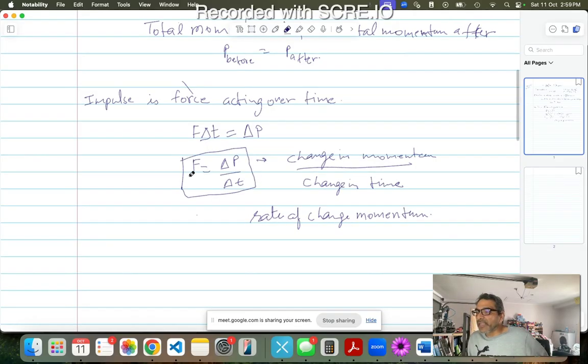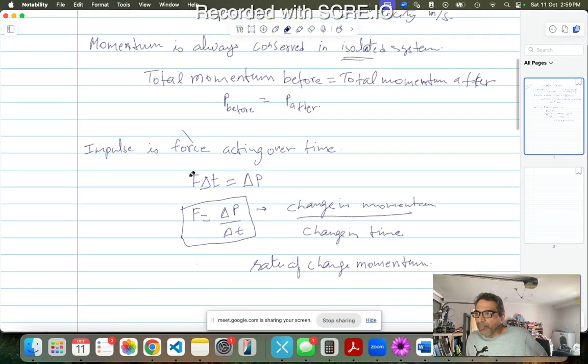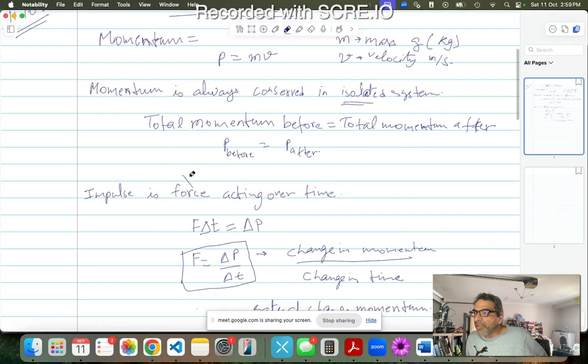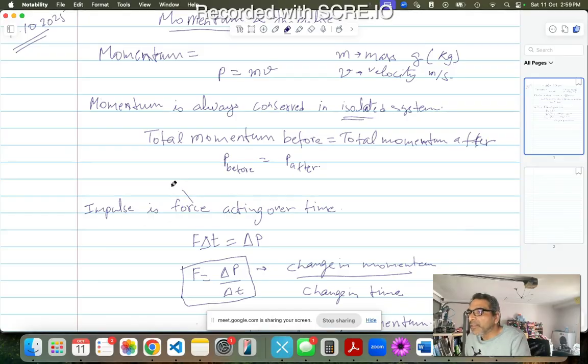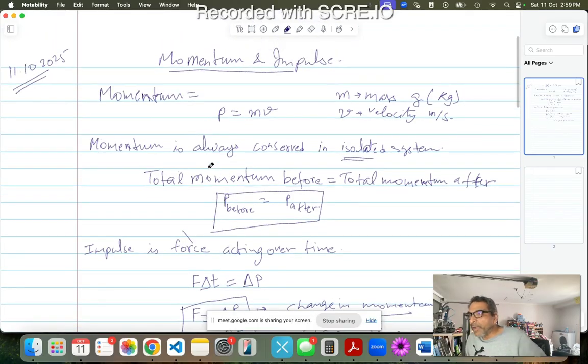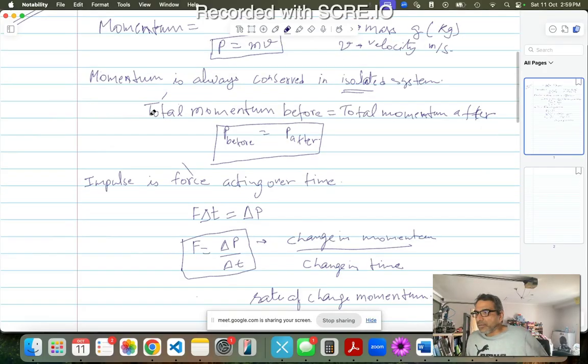F is equal to change in momentum over change in time. We should also remember the conservation law of momentum: what is before, what is after. And momentum itself is the product of mass and the speed or velocity.